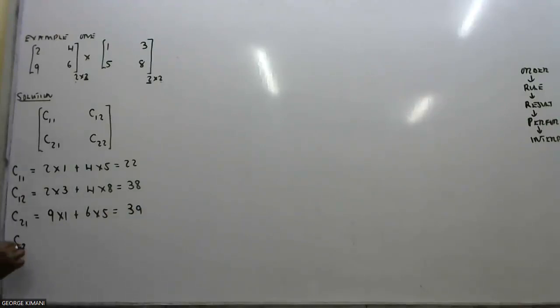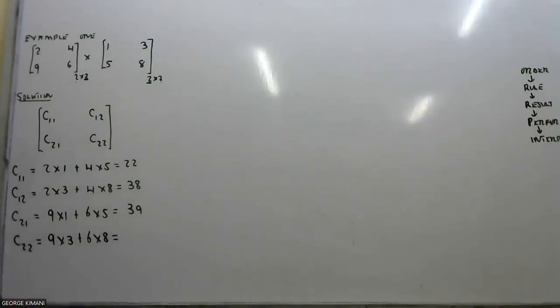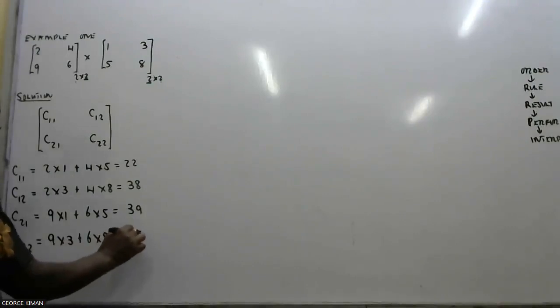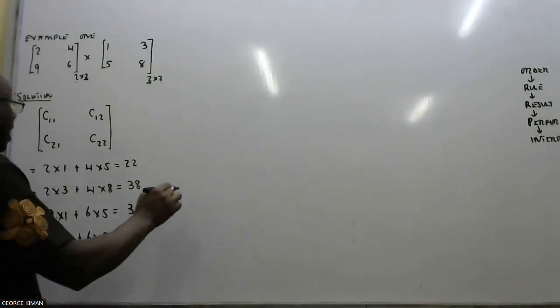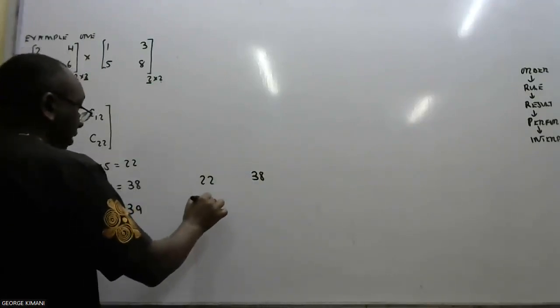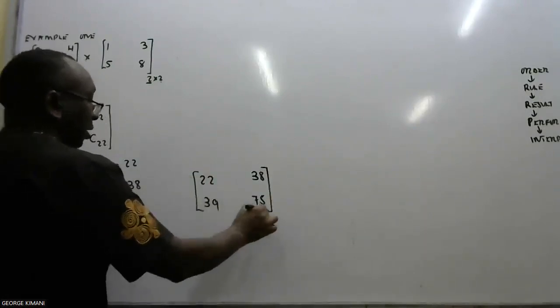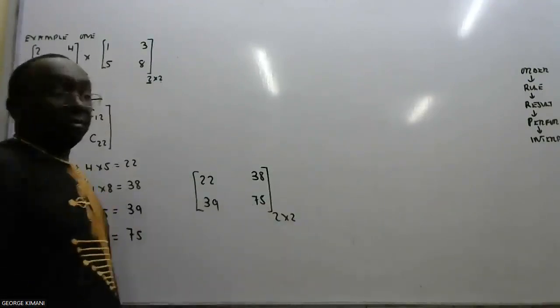And then C22 is values in the second row, second column. 9 times 3 plus 6 times 8. 27 plus 48 is 75. Is that so? So that gives you the answer as 22, 38, 39, and 75. That is the answer down there. Which is a 2 by what? By 2.